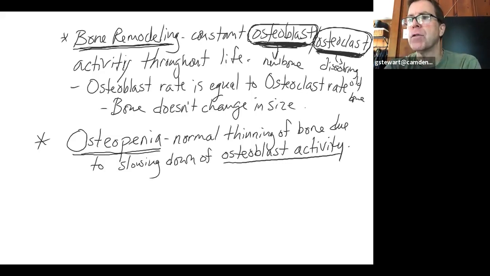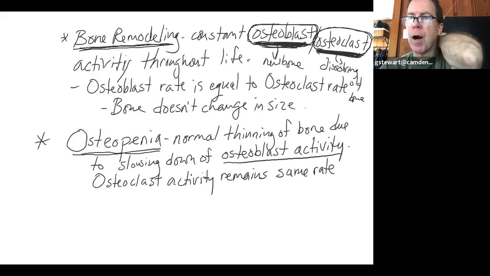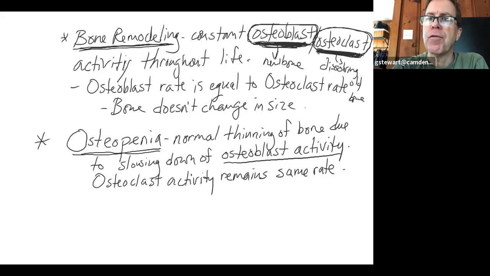Osteoclast activity, unfortunately, keeps chugging right along. The dissolving or removing of old bone tissue remains at the same rate or pace. Therefore, you can guess what happens. Our bones start to get thinner as we age. Osteopenia refers to that typical thinning of bone tissue. Osteoporosis, which is what you've heard of.